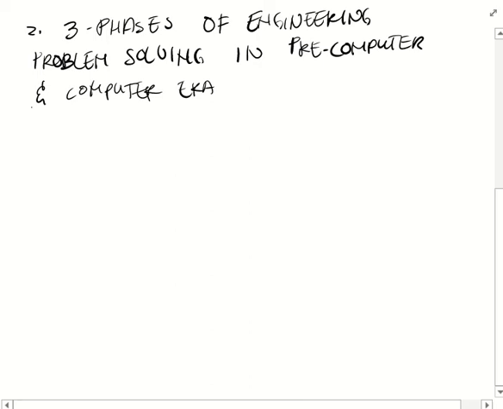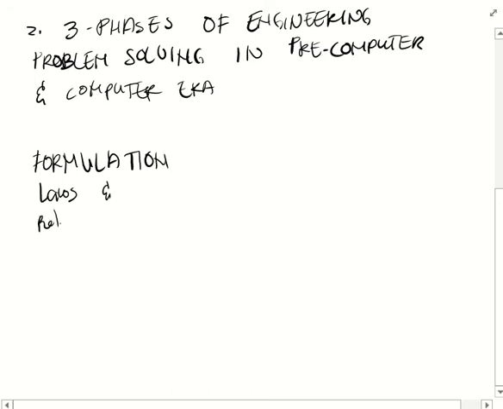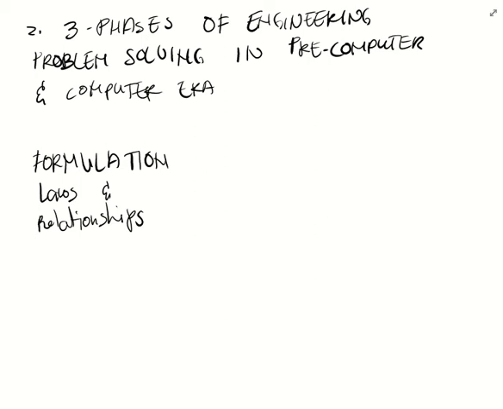So the first one is formulation. Just like what we said before in the first part, when we define numerical methods, it formulates mathematical problems. So that's the first step. In formulating these problems, we need to know some laws and relationships between the inputs and outputs that we want to compare, the results and the effects.